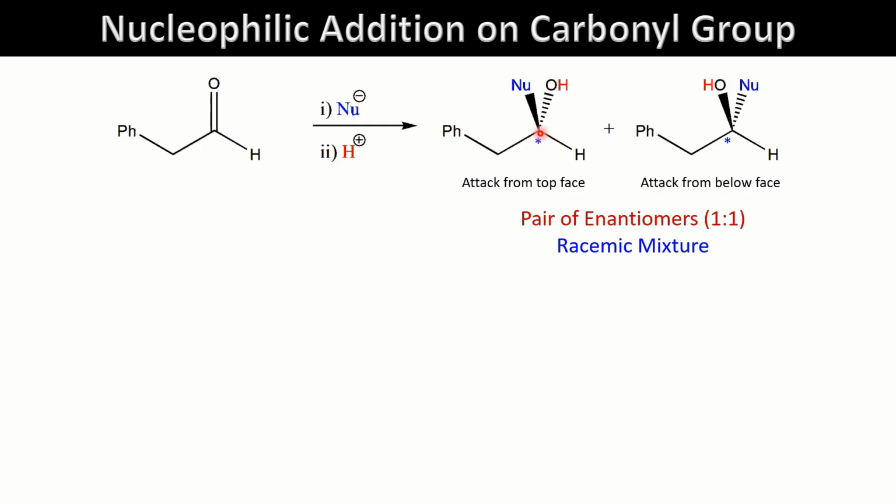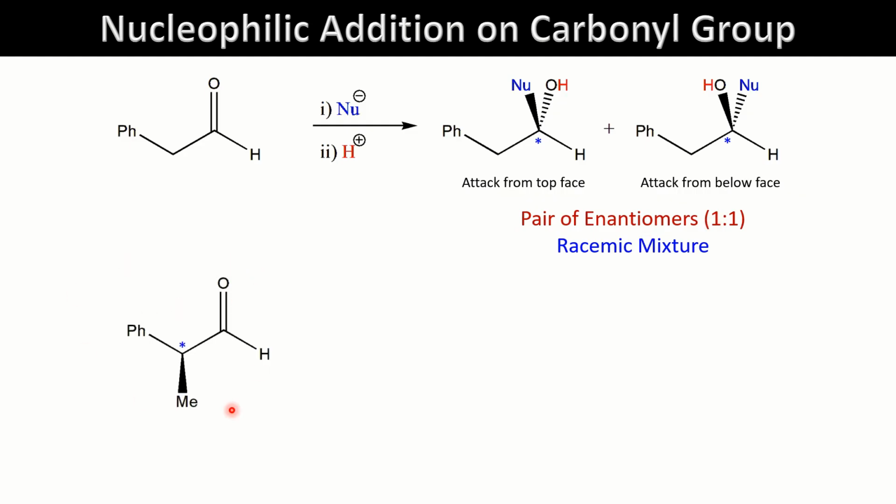Now, interestingly, there is a formation of a chiral center. Now, there is no other factor influencing the ratio of these two compounds. The bottom attack and the top attack will be of equal probability, and you will get a racemic mixture where the pair of enantiomer will be formed in equimolar amounts.